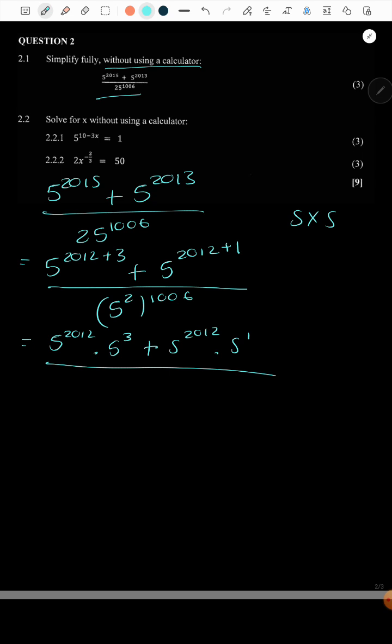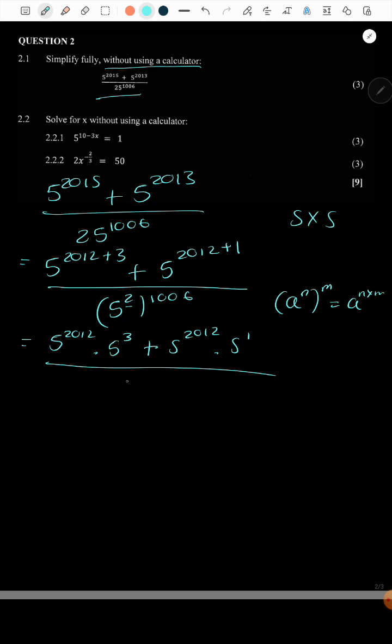We know that according to the law of exponents, when we have a to the power n and then all raised to the power m, this is the same as a to the power n multiplied by m. So there we say 2 times 1006, which gives us 2012.